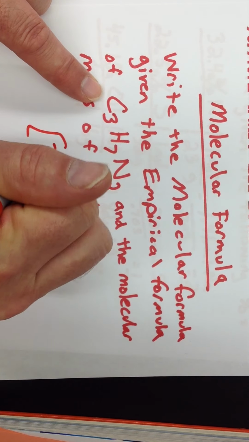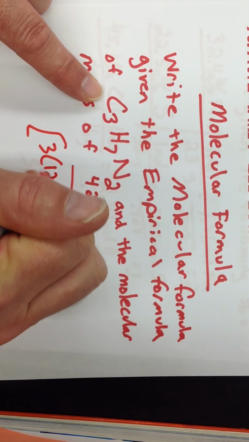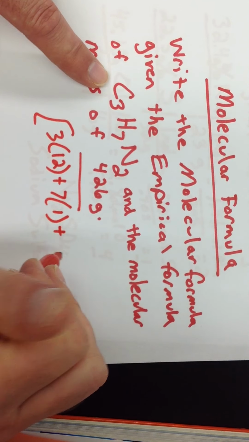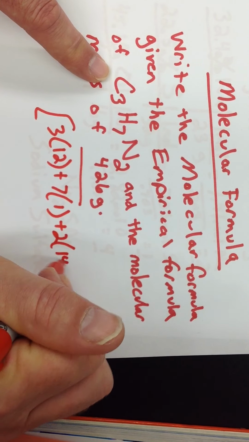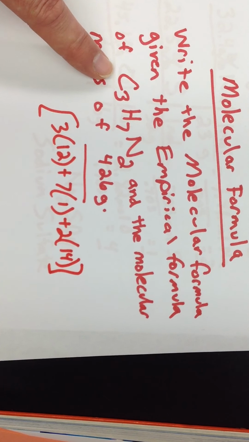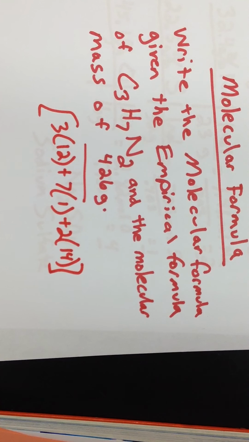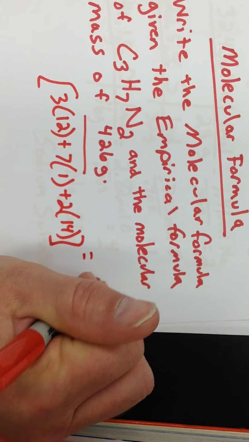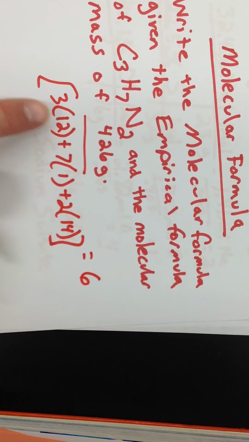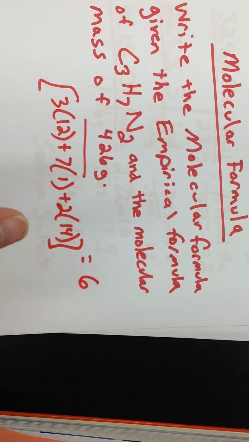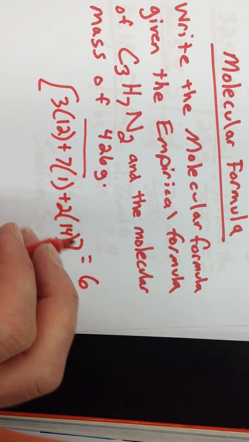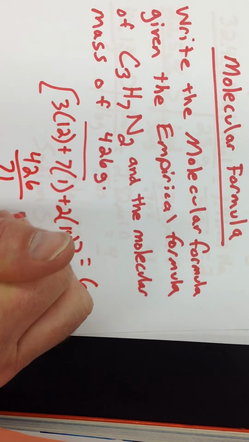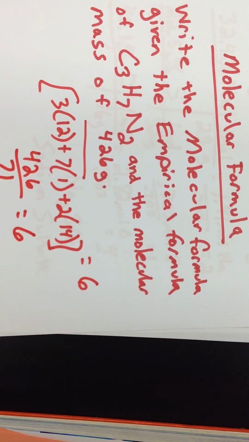So it's going to be 3 times 12 plus 7 times 1 plus 2 times 14. That's all you do. If you add that up, I think you get 71. So 426 divided by 71 equals 6.